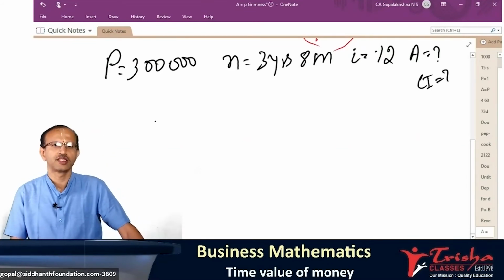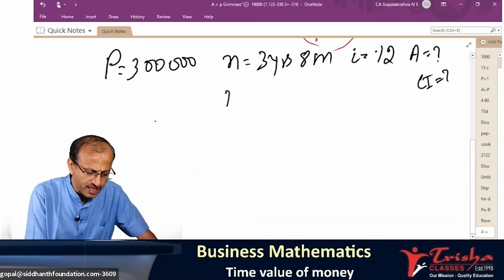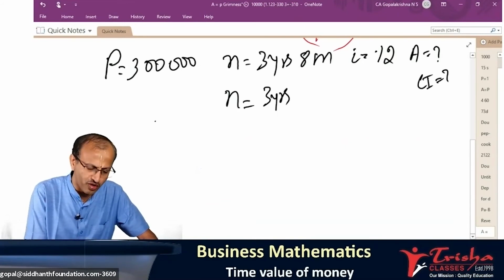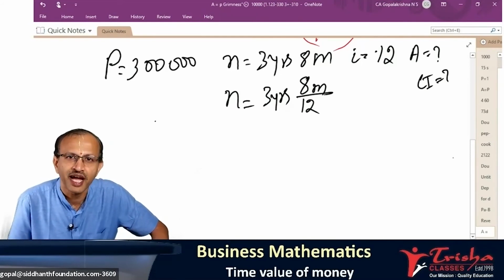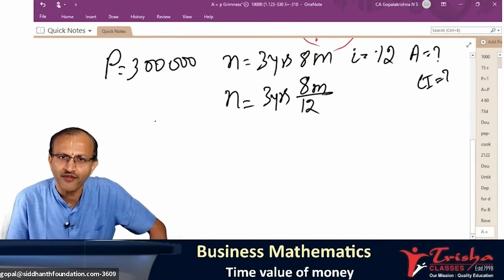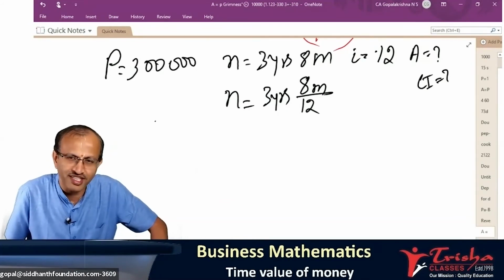Okay. You have to observe me working properly. N is equal to 3 years, 8 months. How do you solve it, my dear student? 8 months, you can write 8 by 12. That's what you used to do in your simple interest. Am I right? Anything part of N is always in number of years.